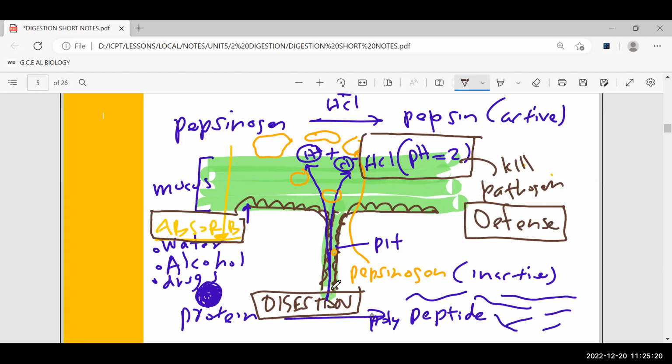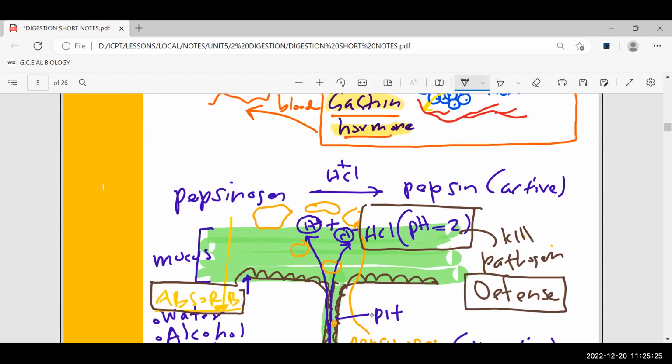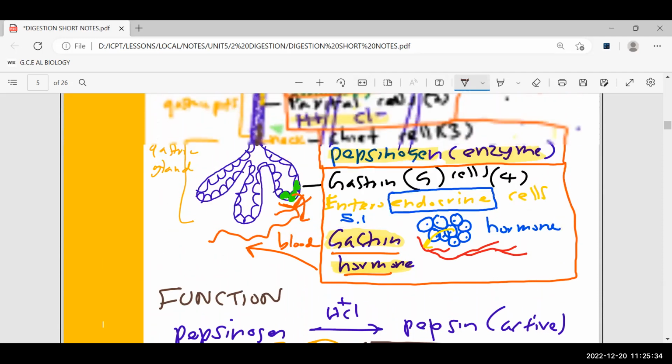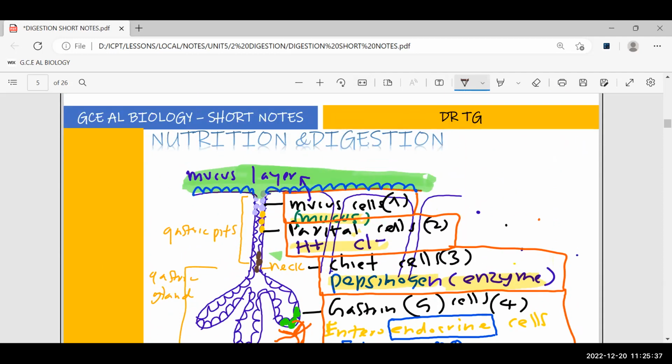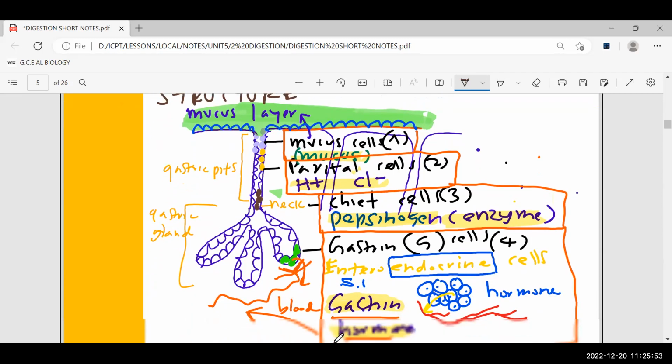Okay, so what we give in this picture is the function of the stomach. This is the structure. You see, if you have nice notes like this, it might take only 5 minutes to revise.